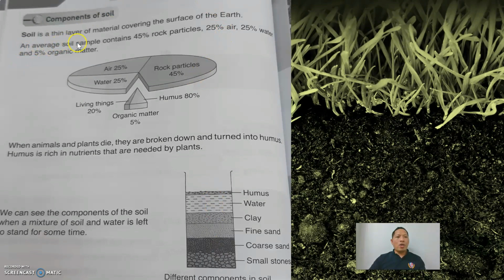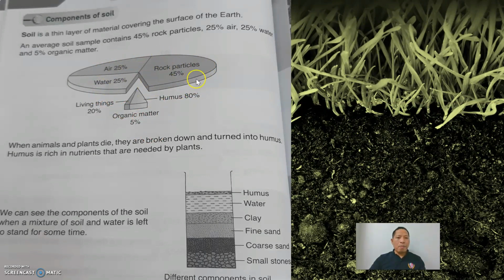An average soil sample contains 45% rock particles, 25% of air, 25% of water, and 5% of organic matter. These are an example of a pie graph of soil.